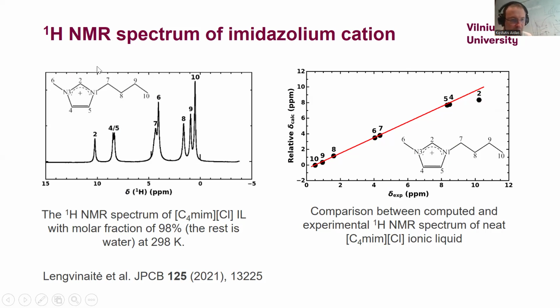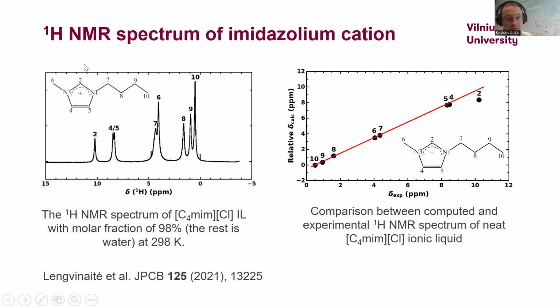But here there is the signal of the proton at the second position, at this position over here. This signal is pretty special because this CH group, the carbon-hydrogen bond here, is quite acidic. And it is very much involved in hydrogen bonding interactions with whatever approaches this imidazolium ring from this side.